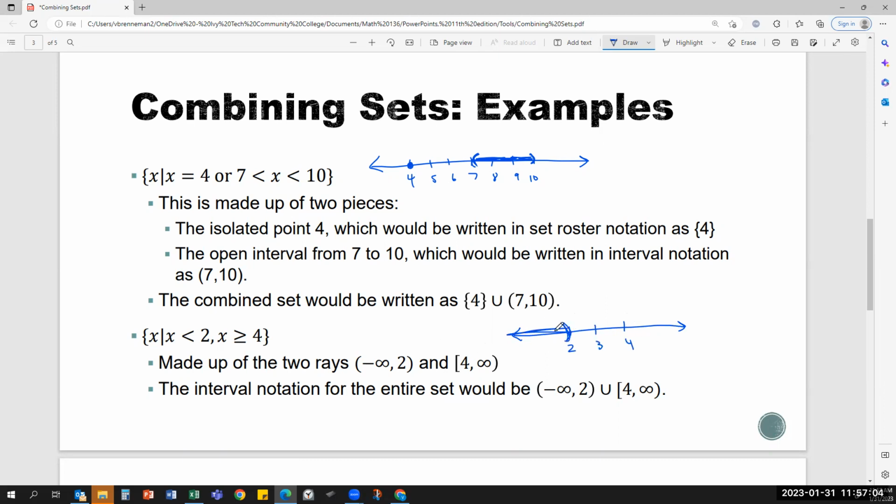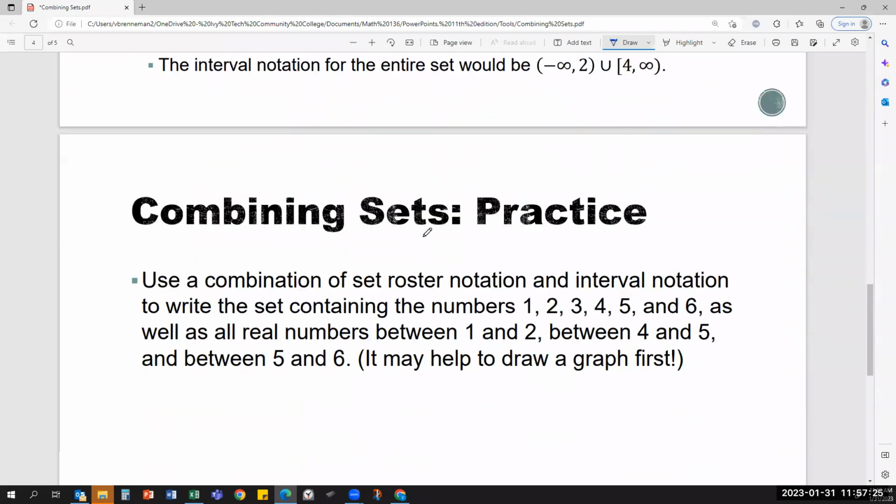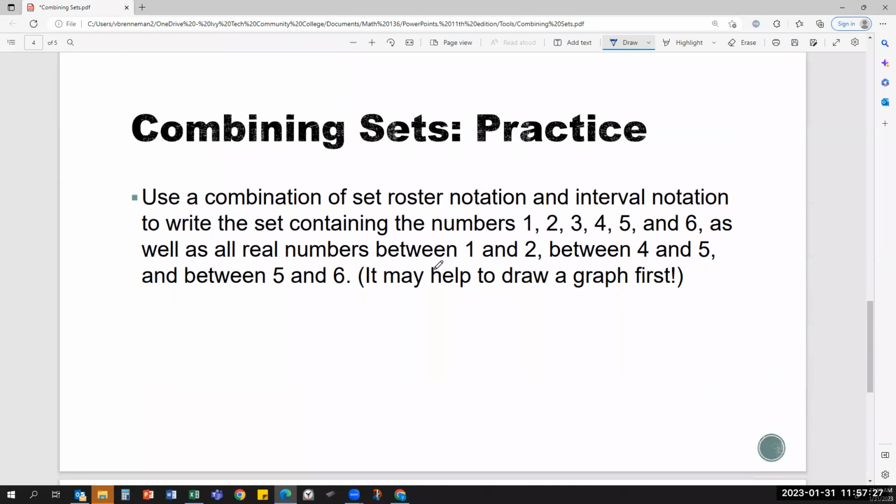So we have that piece pointing to the left, and then greater than or equal to 4. So square bracket on 4 and the arrow pointing to the right with a gap in between. When there's a gap, there's going to be the union symbol. So we have those two intervals going from -infinity to 2, and then from 4 to infinity with that union sign in between them.